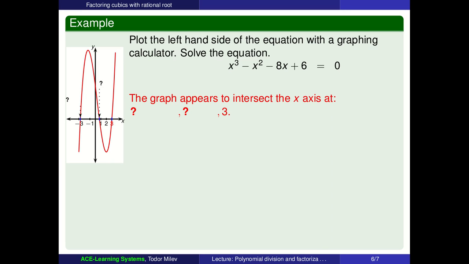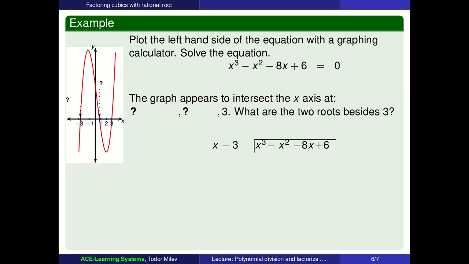However, we are armed with the technique of polynomial long division, and we remember that we can use polynomial long division to factor polynomials. Let's do exactly that. So in order to find out what are the two roots besides 3, here's what we're going to do. We're going to take the original polynomial x cubed minus x squared minus 8x plus 6, and we're going to divide it by x minus 3. So we guessed that 3 is a root.